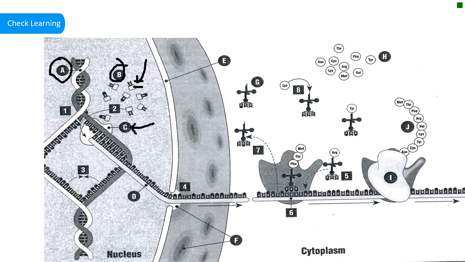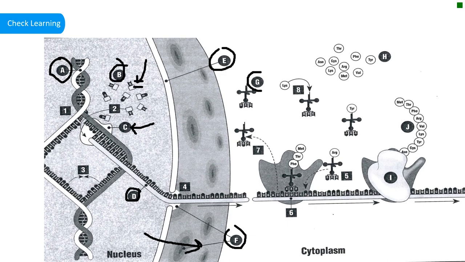It's an enzyme which creates the mRNA strand, so that's mRNA polymerase. D is what it's making, so that would be the strand of mRNA. E would be the nuclear membrane, and F would be nuclear pores, the holes where the mRNA goes out of.